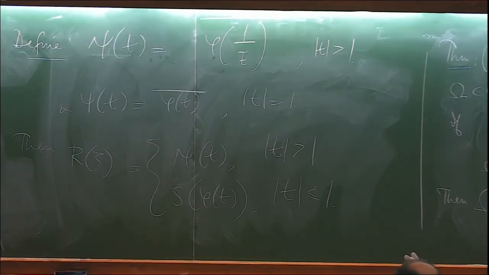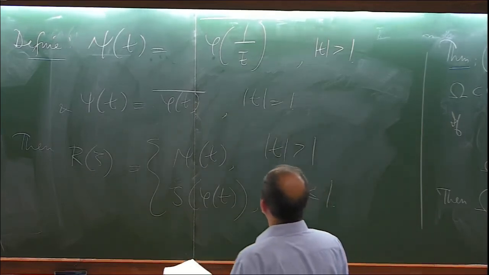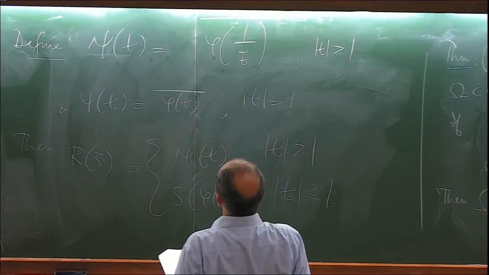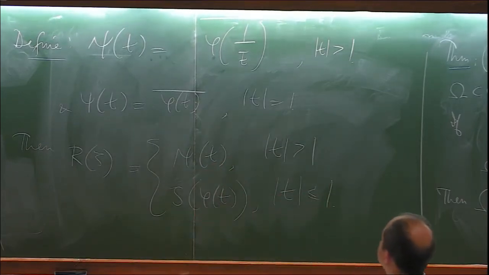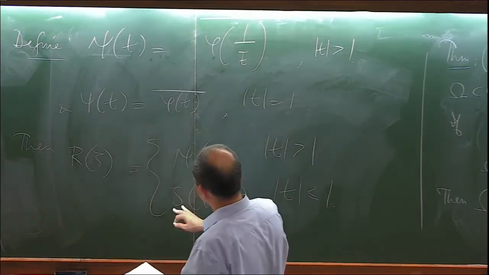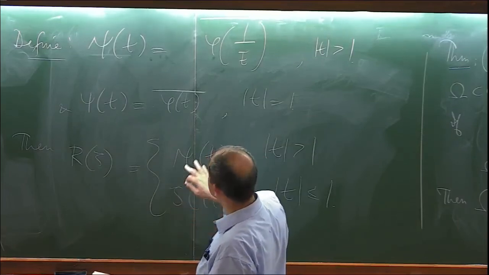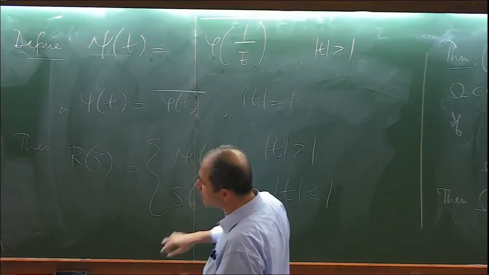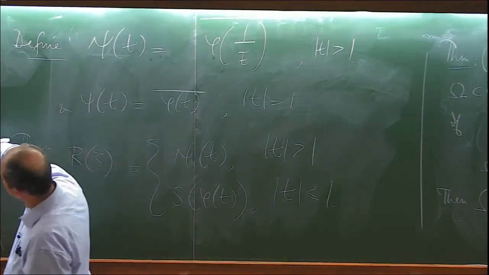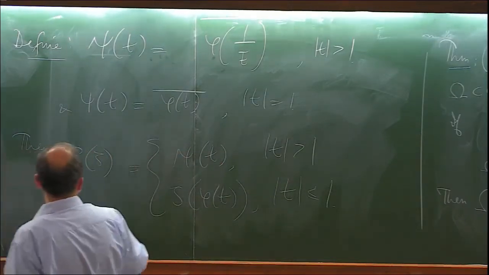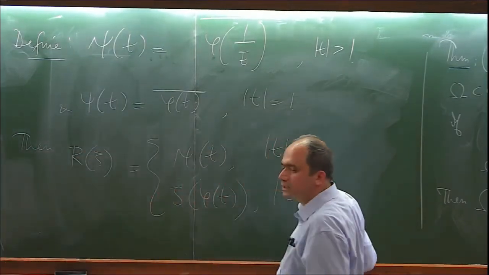Where are the poles? The poles are only going to come from the Schwarz function. This guy is holomorphic outside here. S has poles only inside, but S is defined on omega. I'm composing this with phi. So R is going to have poles only inside the unit disk.